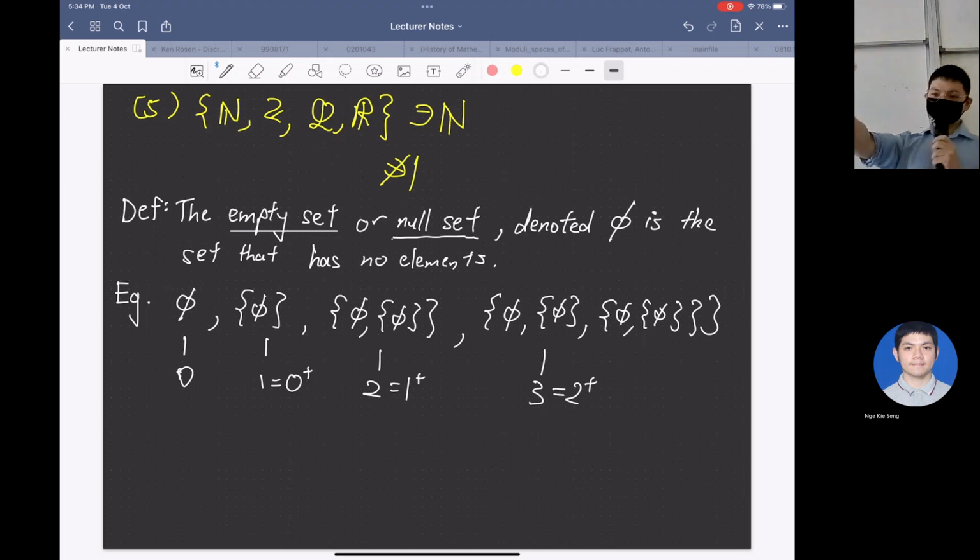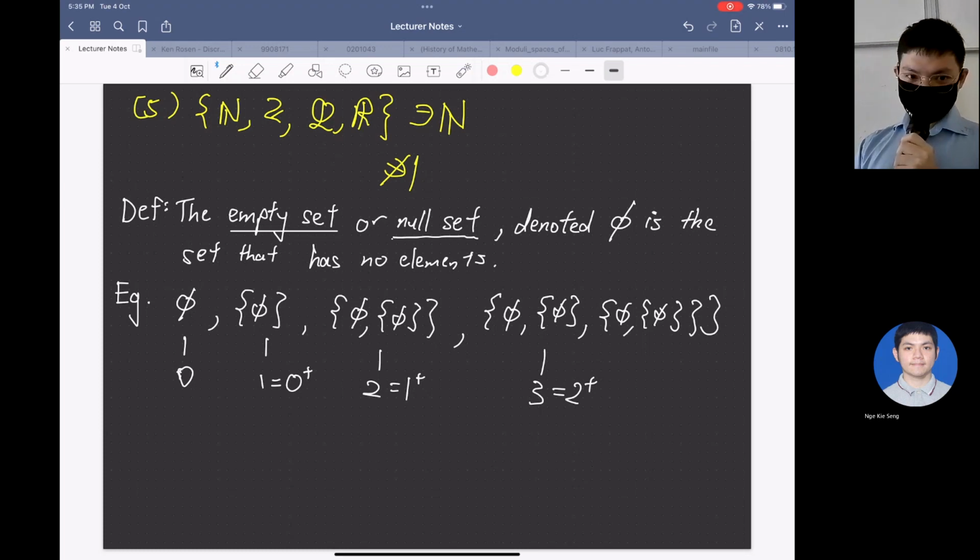And then all the addition or multiplication we can study using this successor function or operation. But that's another whole theory. We won't touch it here, out of the scope of this class. So I just want to show you that there is a set that contains the empty set. Must remember this.